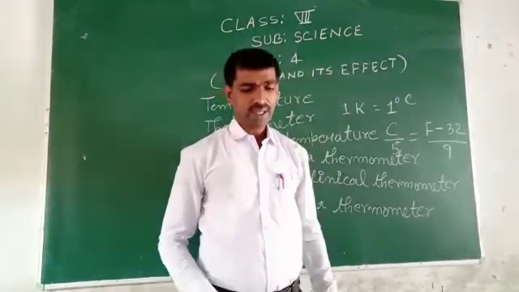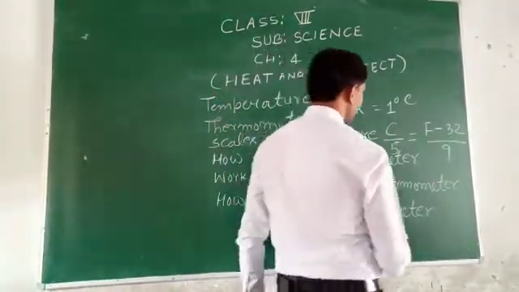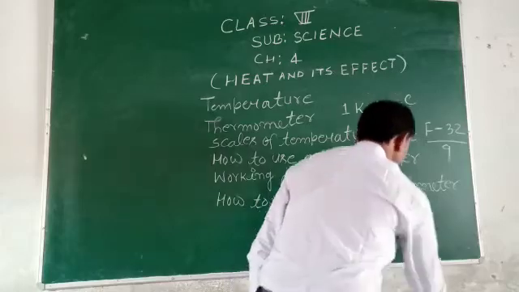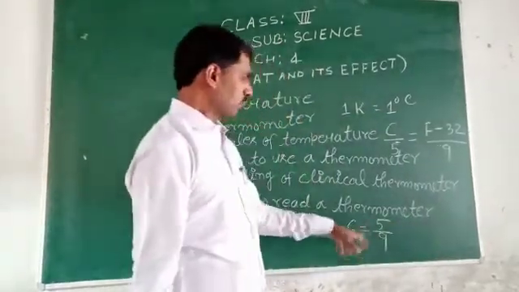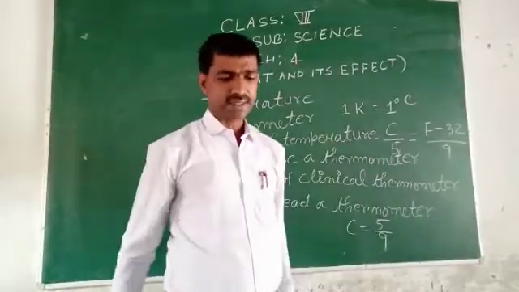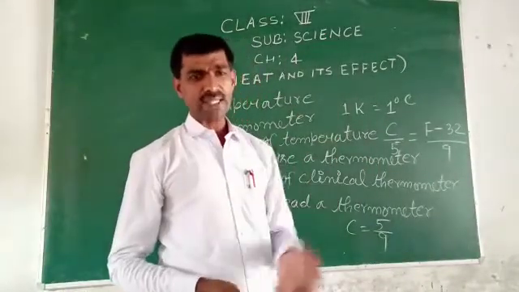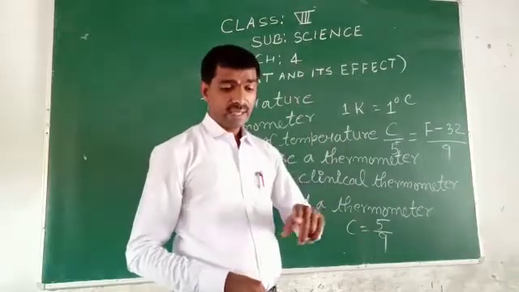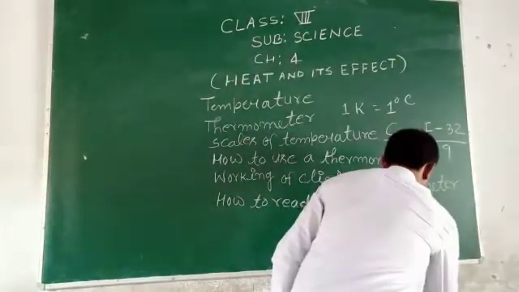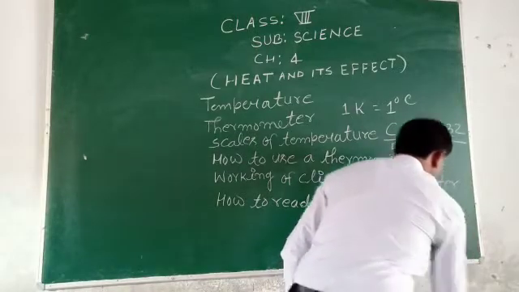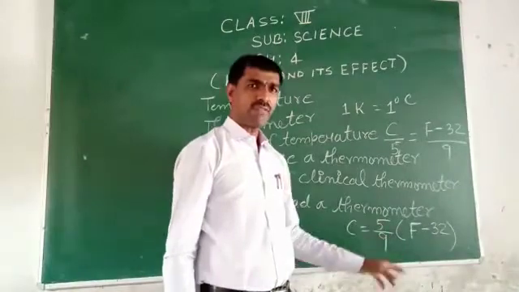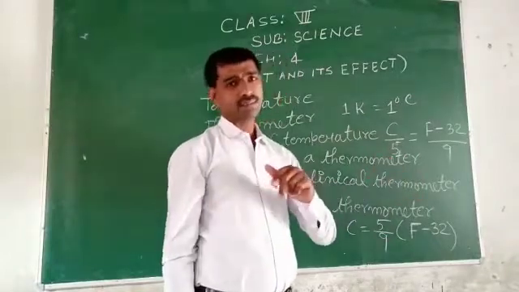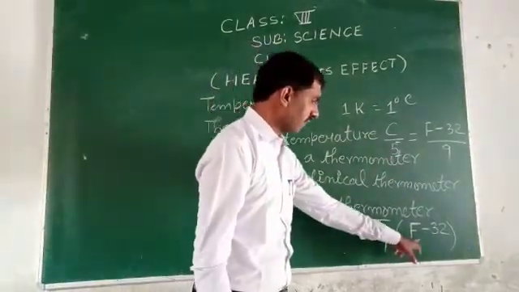The formula is C equal to 5 upon 9 (F minus 32).